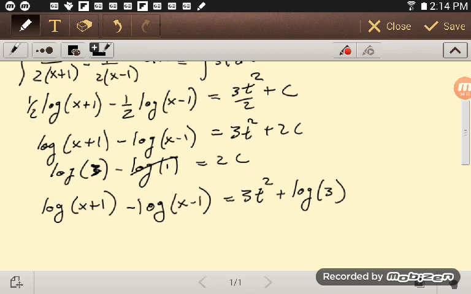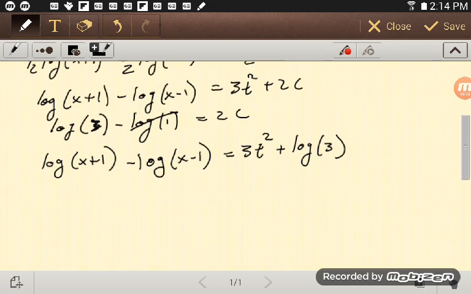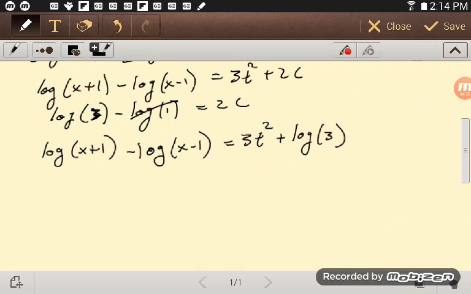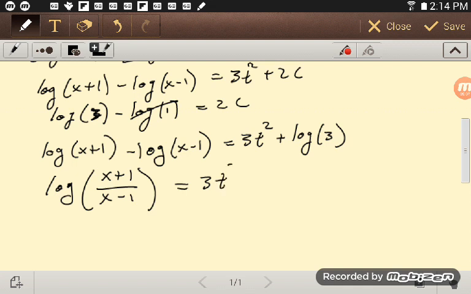And in order to solve for x, I have to use properties of logarithms. And now this is something else I found out. Sage isn't going to do this for you. This is the log of (x plus 1) over (x minus 1). And so this is 3t squared plus log 3. So yeah, Sage is not going to do that for you.